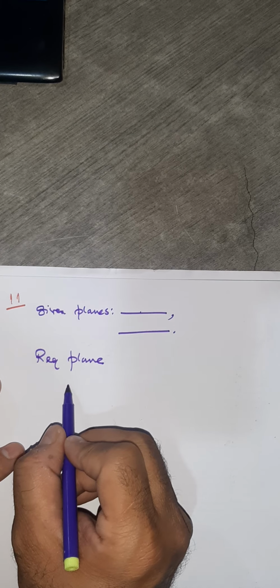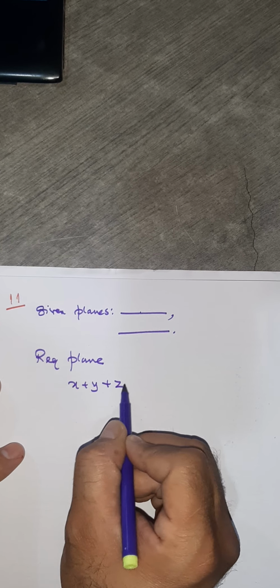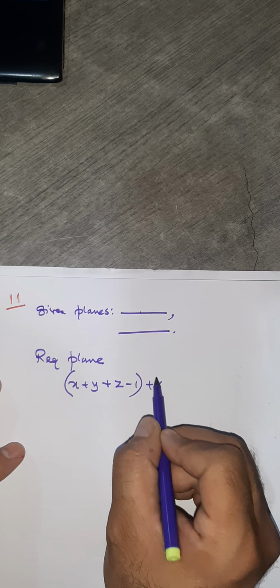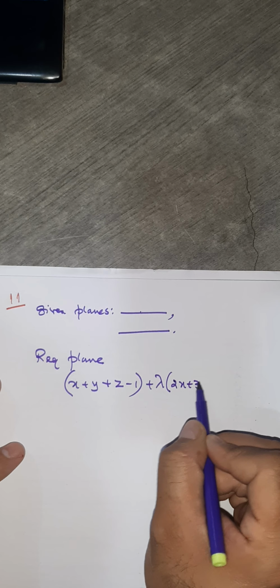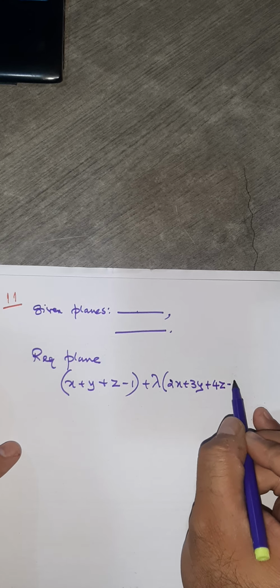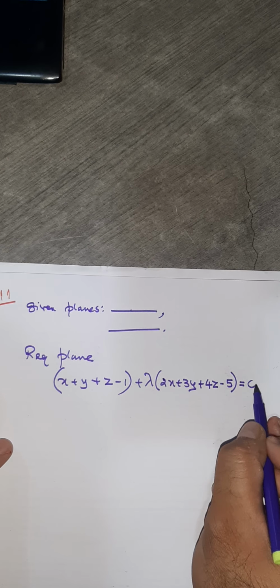One plane, which is x plus y plus z minus 1, you must have the equals to 0 form, remember, plus lambda into 2x plus 3y plus 4z minus 5 equals to 0. This is our required plane.